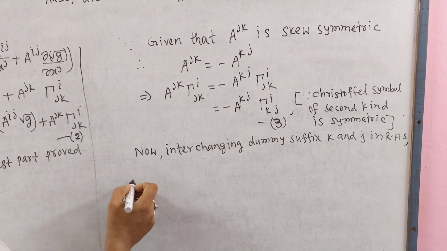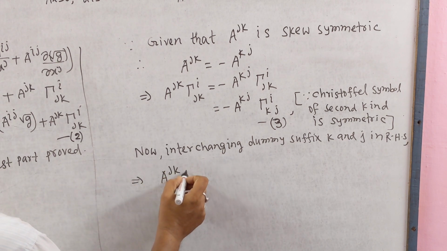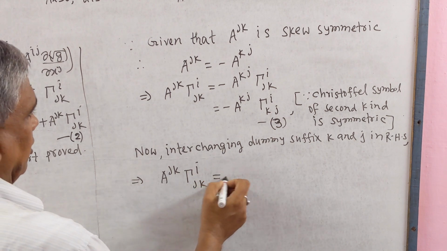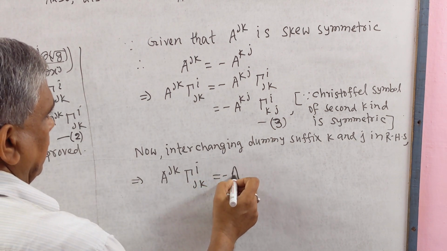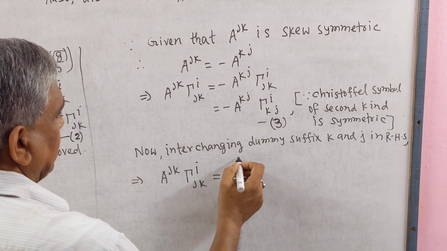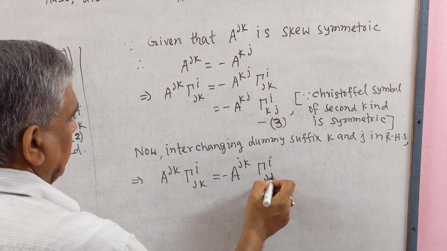This implies that A^jk, Christoffel symbol of the second kind, equals minus A, in place of k we write j, in place of j we write k, {i, jk}.